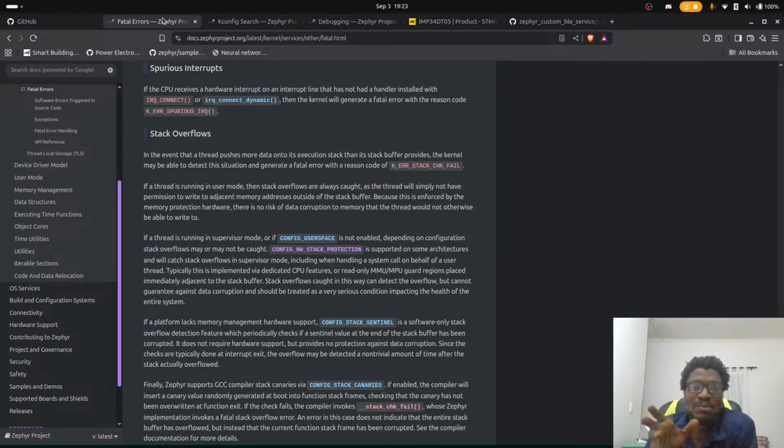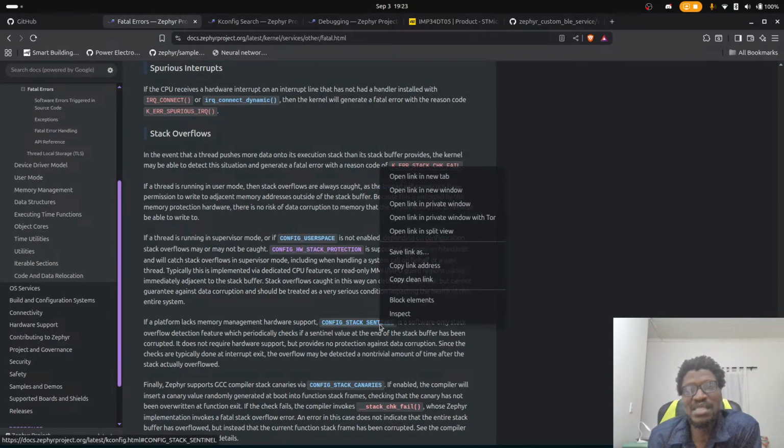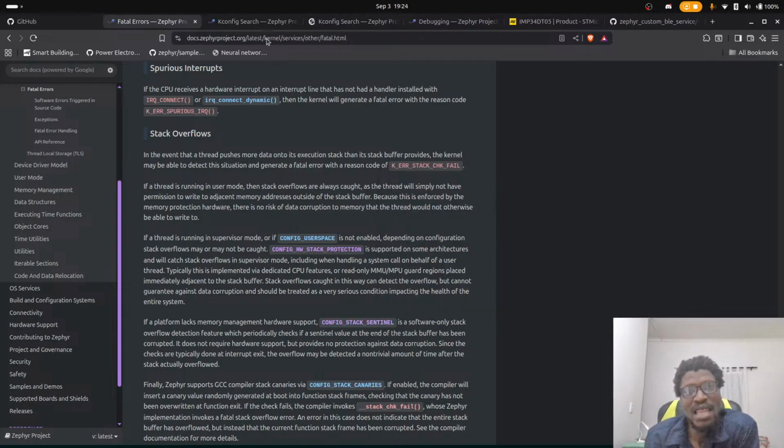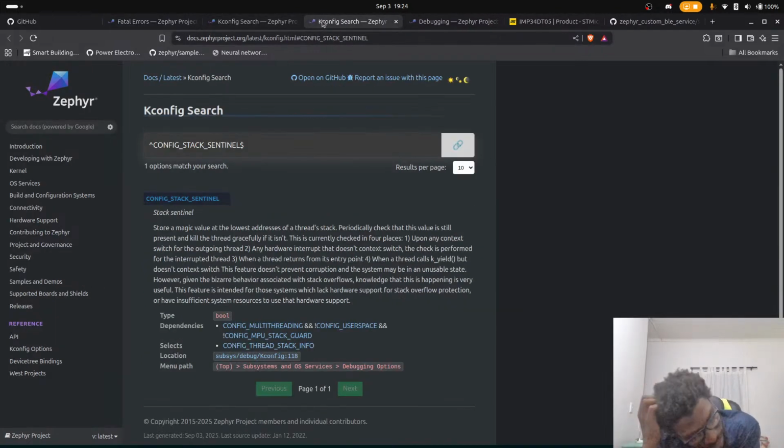We do have some guardrails in place, and if you don't have a hardware memory protection unit or memory management unit, you can use Stack Sentinel. Stack Sentinel is basically a software-only stack overflow detection feature. The thing that makes Stack Sentinel not ideal in some ways is that it's run periodically. Think about it being run maybe once every second.